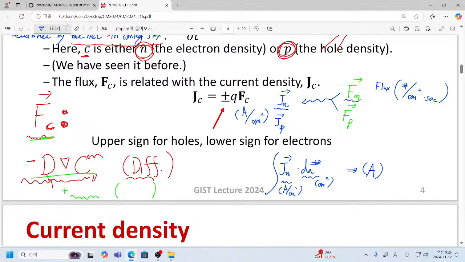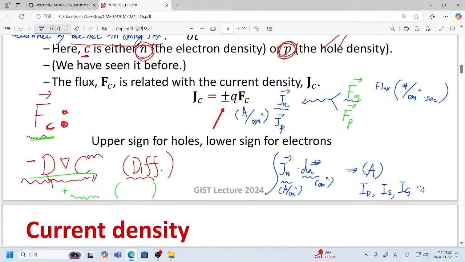So it is an easy way to calculate the current out of current density. Our goal is sometimes to calculate drain current or source current, gate current, and so on. All kinds of these terminal currents are of our interest.